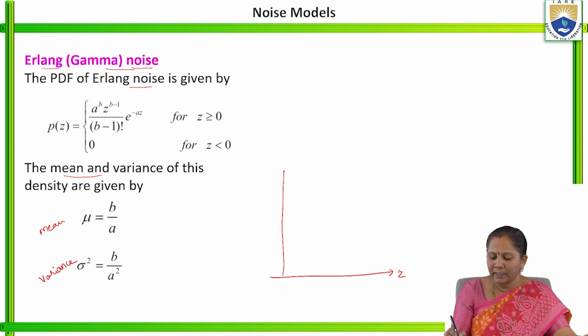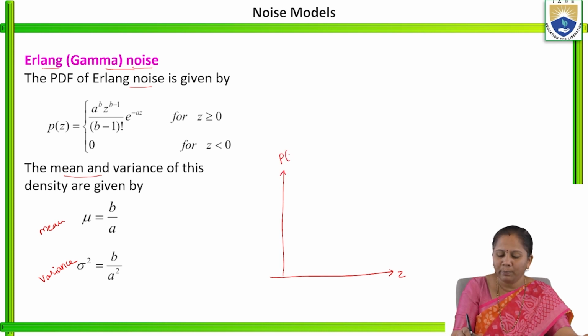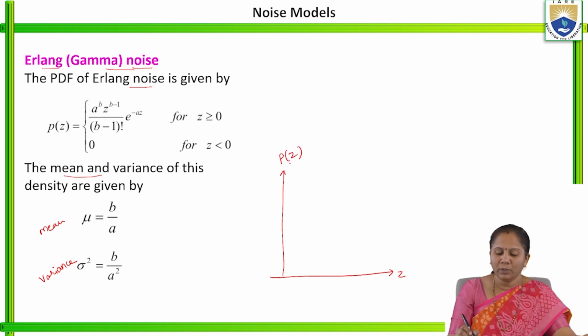So here Z and this is P of Z. The probability density function for this Erlang noise will be like this. So only a small difference will be there between the probability density functions of the first three noise models.